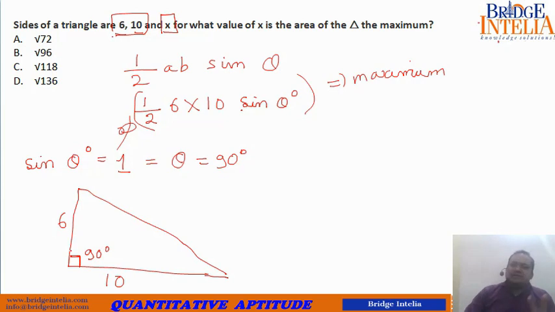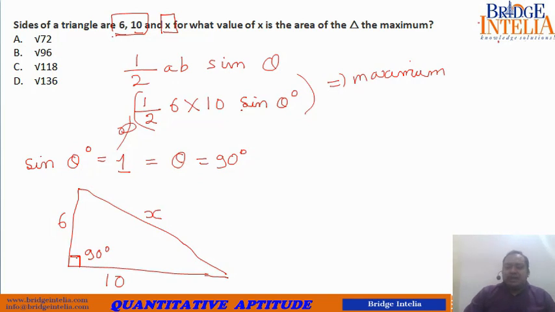Two sides known, third side not known, and you want to maximize the area, then the included angle between those two known sides must be equal to 90 degrees, as you can see from this. Now the question is, what is the value of x? That means, what is the value of the third side?